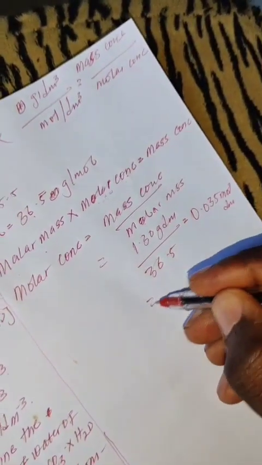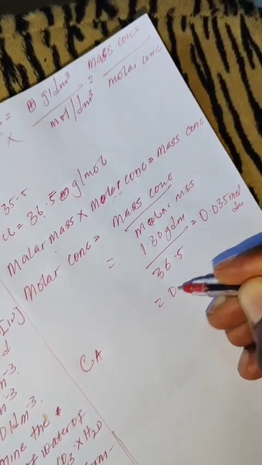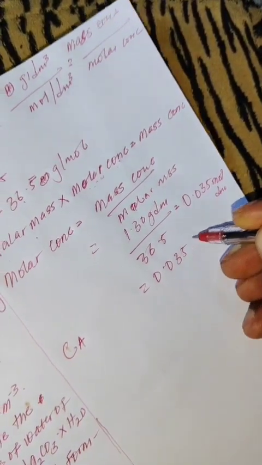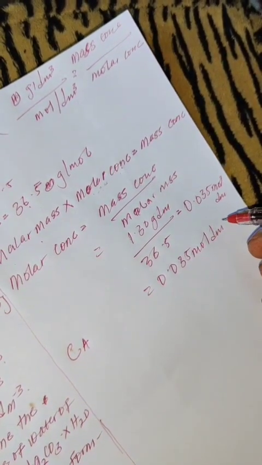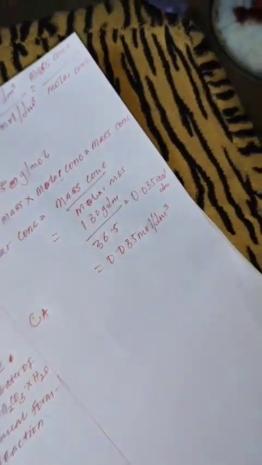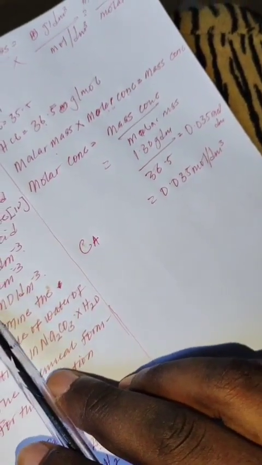So I'll go over it again: the concentration of A now is 0.035 mole per dm³. So this is how we calculate the concentration of A in mole per dm³.